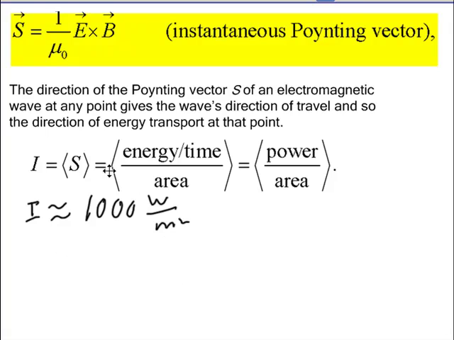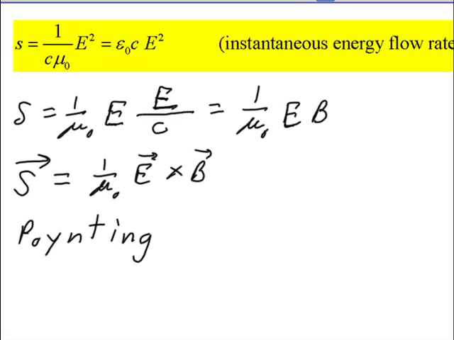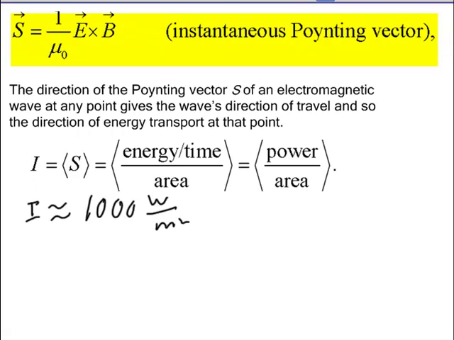We can combine this relationship for the intensity with the relationship back here for the Poynting vector in terms of the electric field, and we can find an average of the electric field in terms of the average intensity that we're experiencing. So let's do that.